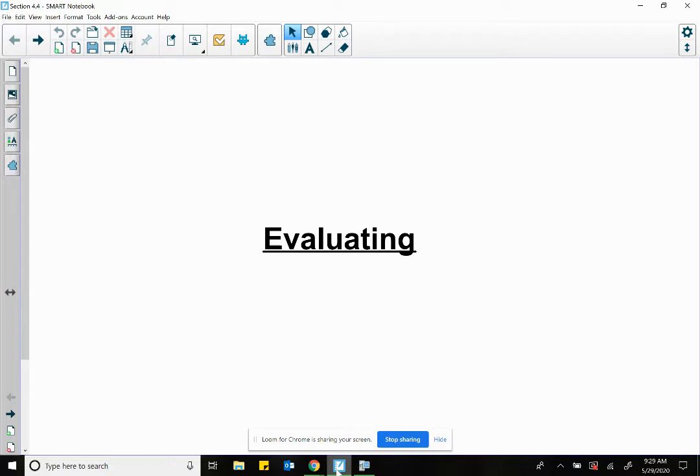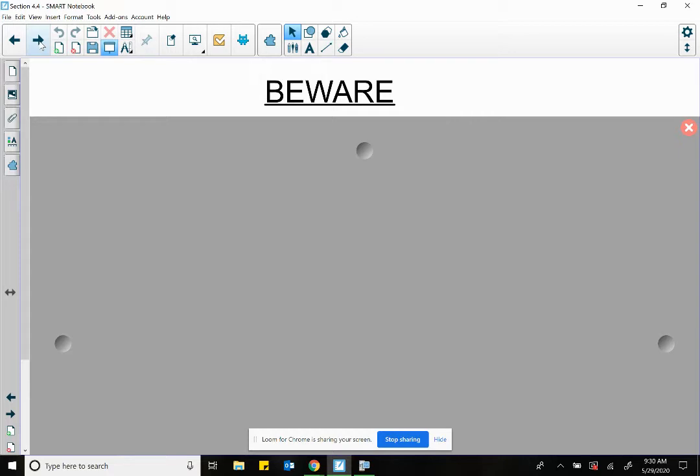We know how to find the regression line. So now it's time to evaluate and talk about some last minute information, like the beware stuff. So let's go ahead and start talking about that, and that will wrap up 4.4.